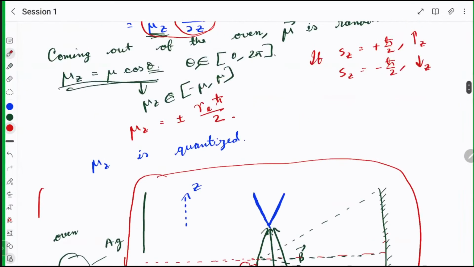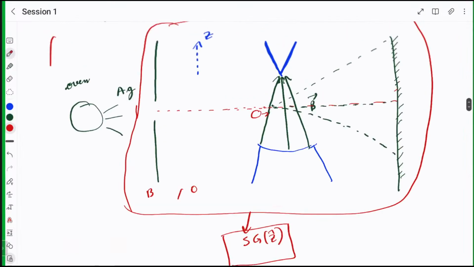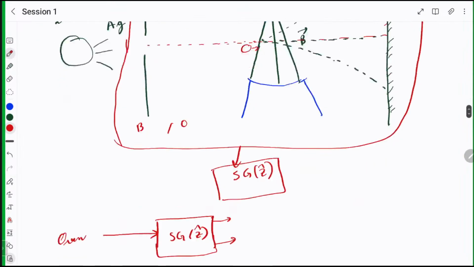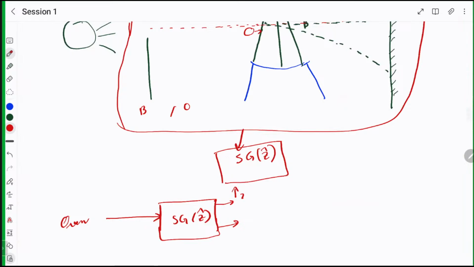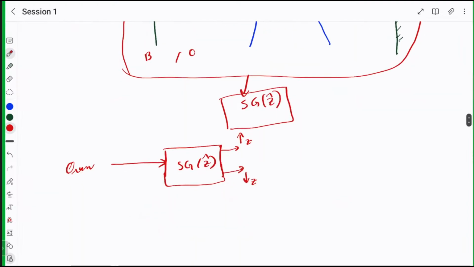Okay, so basically, if it is plus h cross by 2, then we know that we are having up spins in the z direction coming out from here, and here we will have down spins in the z direction coming out from here. Similarly, we can define it for other directions also.